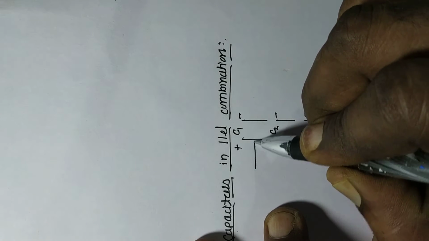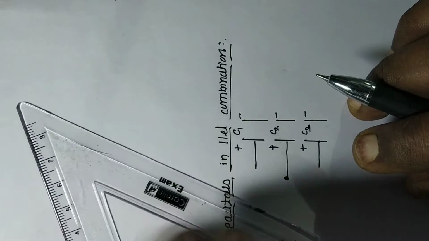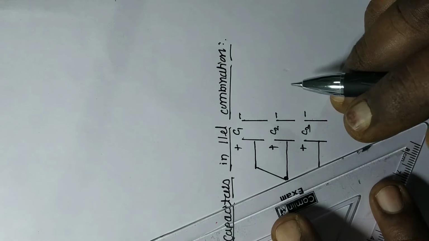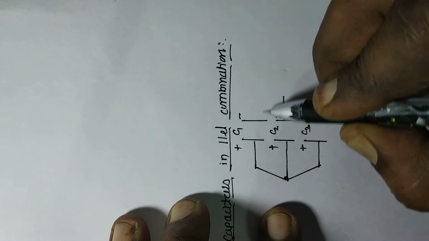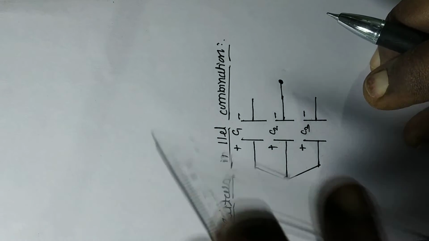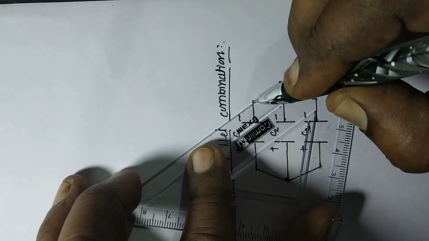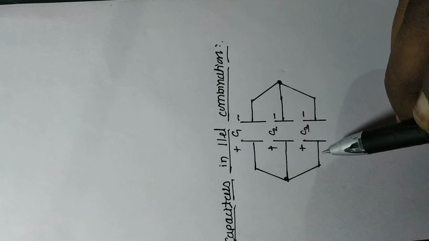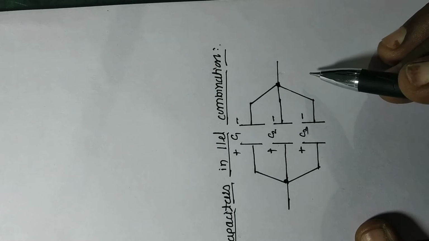If positive plates of all capacitors are connected at a single common point like this and negative plates of all capacitors are connected at another single point like this, then such capacitors are in parallel combination.